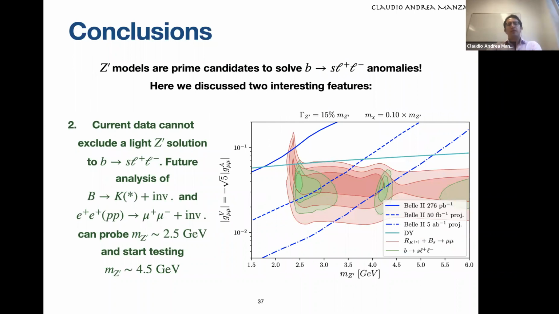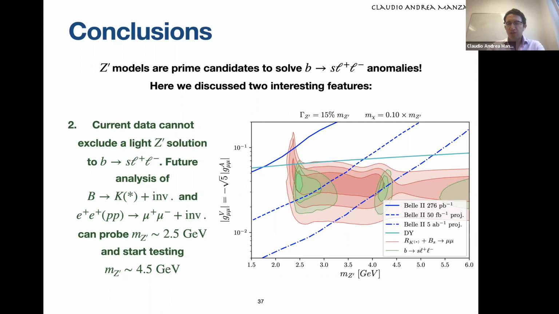And then we looked at a model with a light Z prime, which aimed to solve B2SLL data. Here we discussed the currently available constraints from other processes, and we mainly found that current data cannot exclude a light Z prime solution of B2SLL data, at least if we are able to reduce the coupling to muon neutrinos.